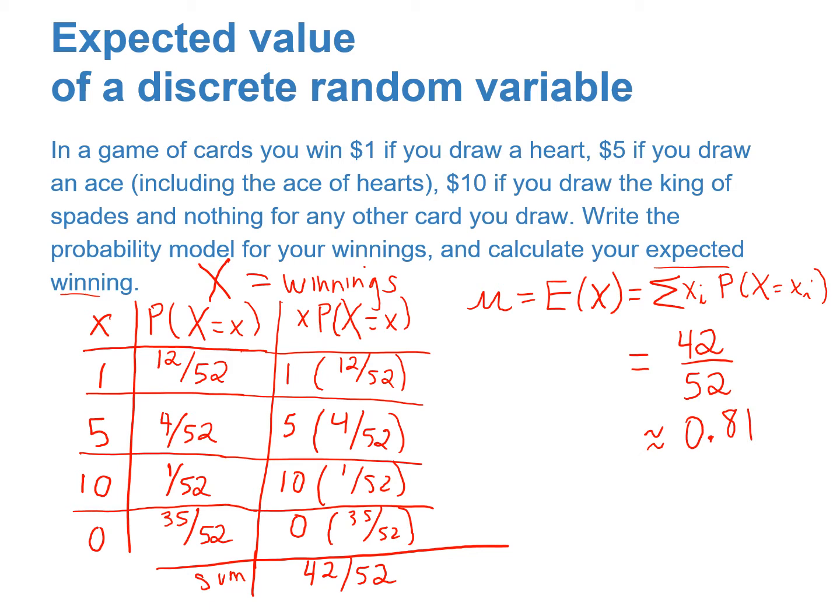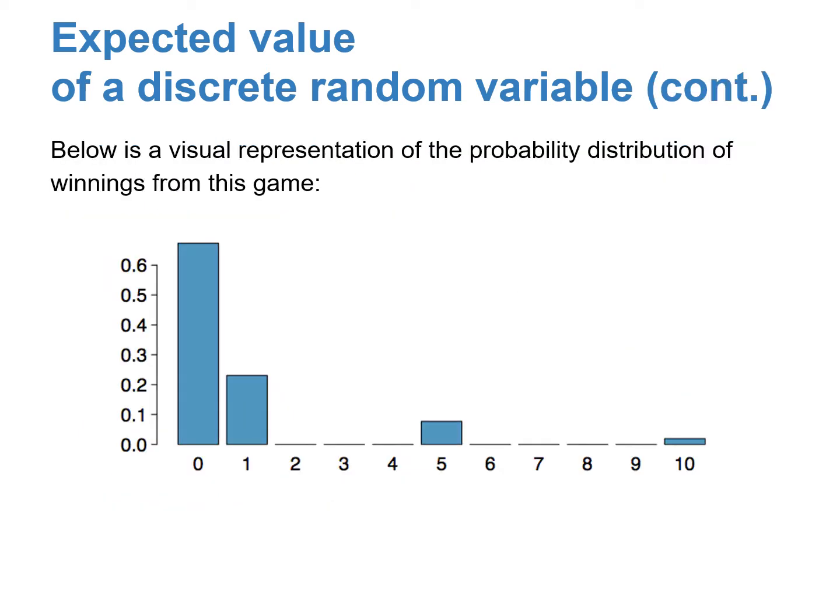So my expected earnings is approximately 81 cents. Now I can graphically represent the probability distribution of winnings from this game.